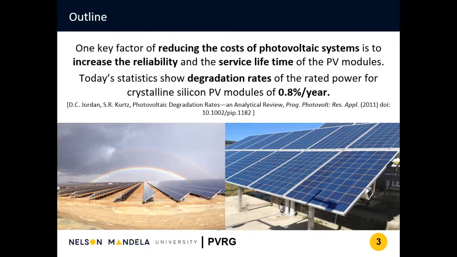So typically looking at current degradation rates, the power rate of crystalline silicon PV modules decreases at 0.8% per year. So it is important that this degradation rate is monitored and minimized as much as possible in order to ensure that the modules reach their full lifetime.